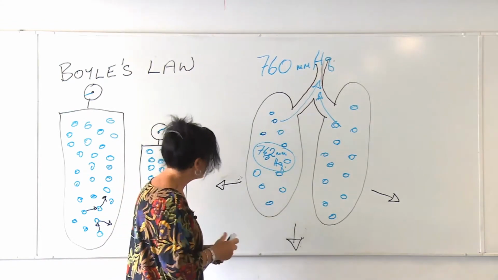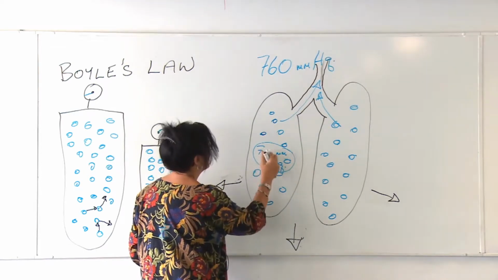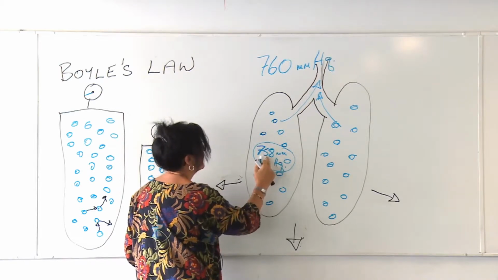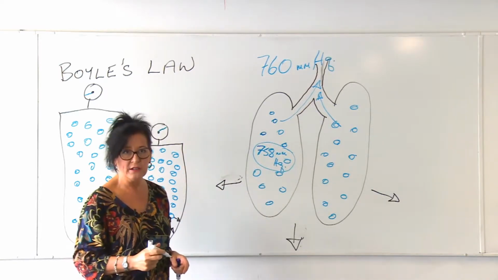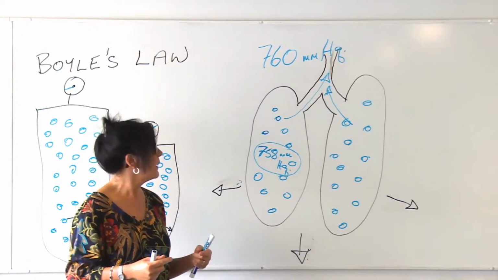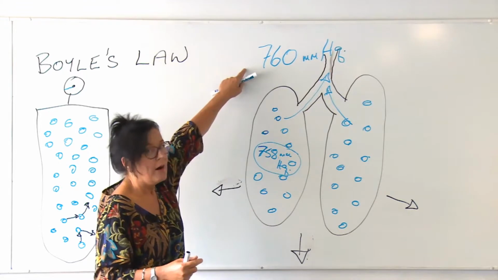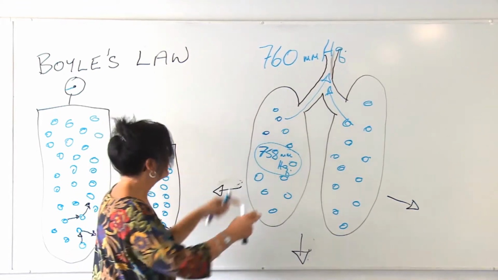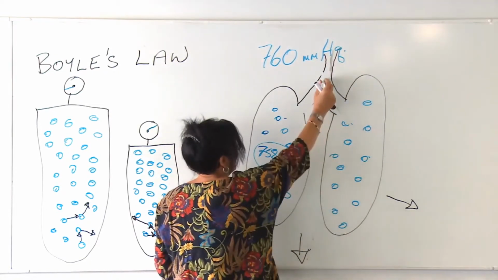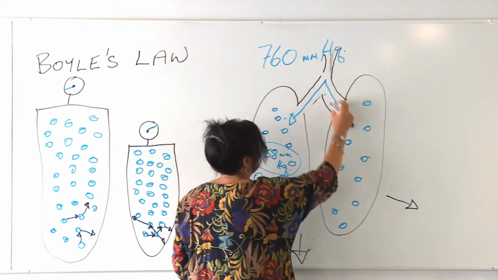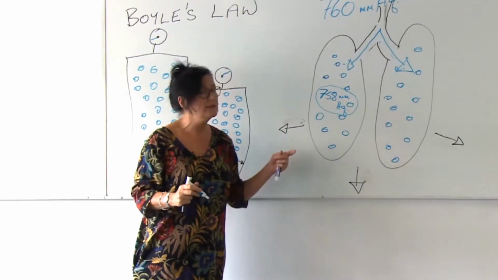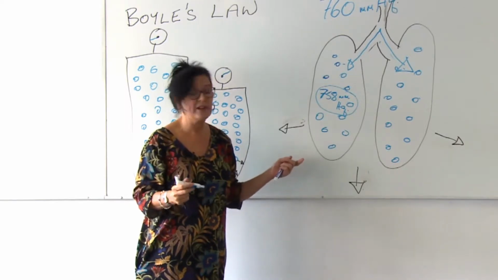So if it goes down, say in this case, to about 758 millimetres of mercury, then we've got a pressure gradient again. But this time, high to low, air is going to move into the lungs, following its pressure gradient until it equalizes and we have no more pressure gradient.